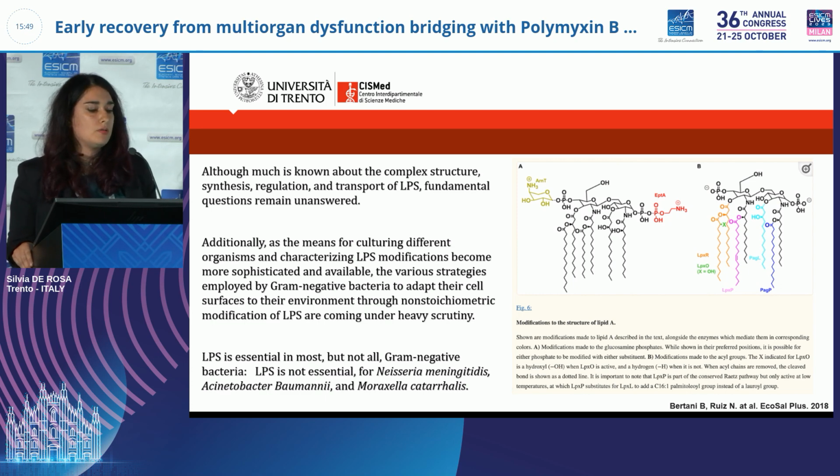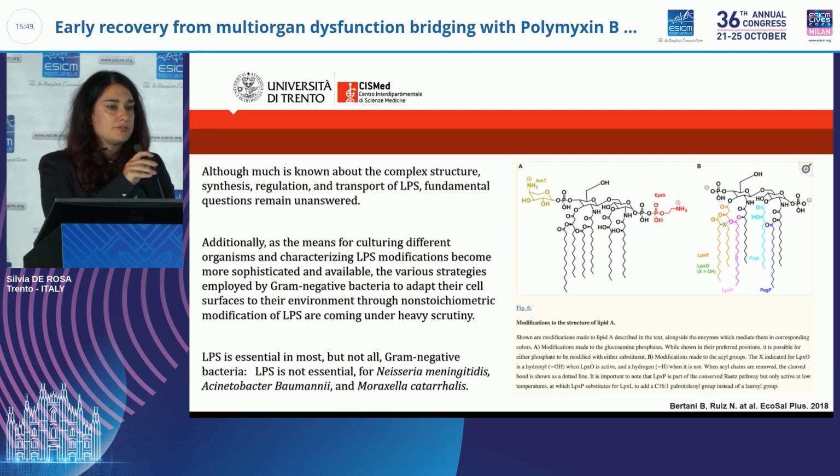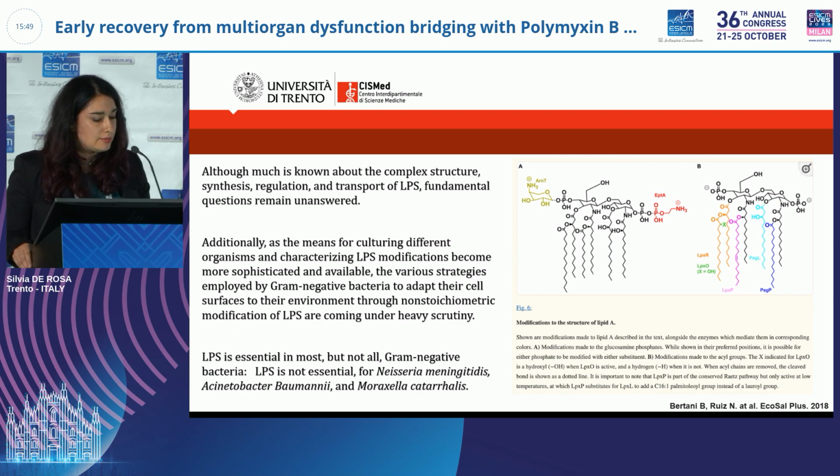So although much is known about the complex structure, synthesis, regulation, transport of LPS, we have still questions that remain unanswered. And also, there are various strategies that are employed by gram-negative bacteria to adapt their cell surfaces, and the studies about it are still ongoing.